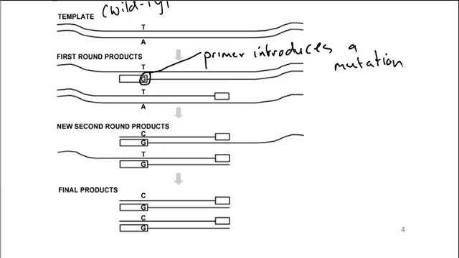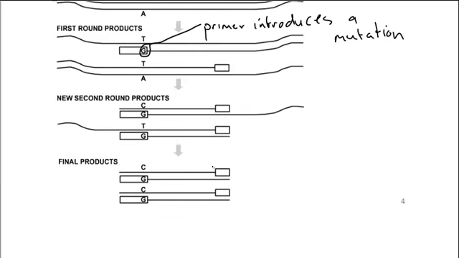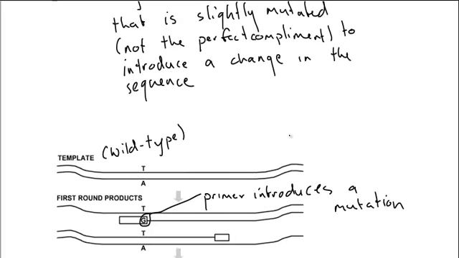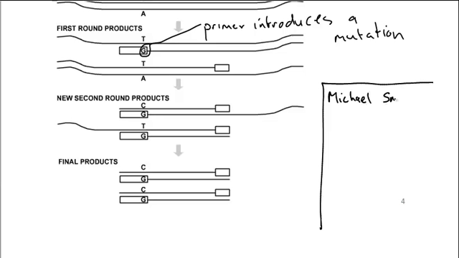This process is proven invaluable to researchers because it allows us to change proteins in a controlled way, or the coding for proteins in a controlled way. And it was first developed by a scientist called Michael Smith, who actually worked and taught at UBC Vancouver.